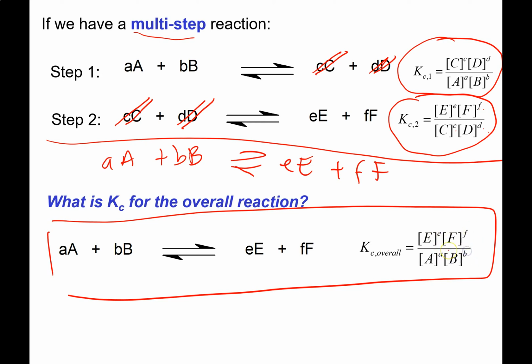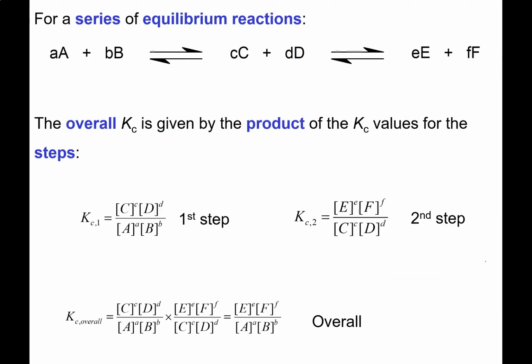So what I want to ask now is, can we see a way in which these things are related? How are the first two equilibrium constants related to the one for the overall reaction? So what we can recognize fairly quickly is that if you have a series of equilibrium reactions that you're going to add together, the overall concentration equilibrium constant is given by the product of the concentration equilibrium constants for the individual steps.